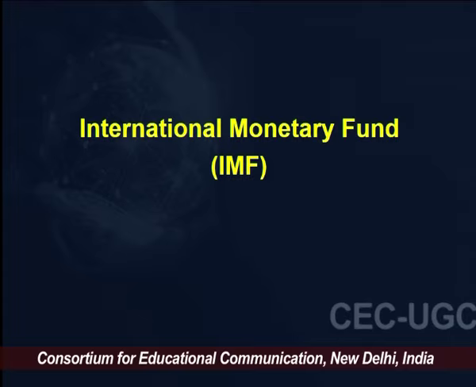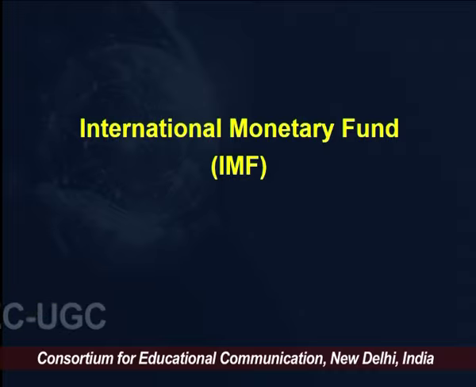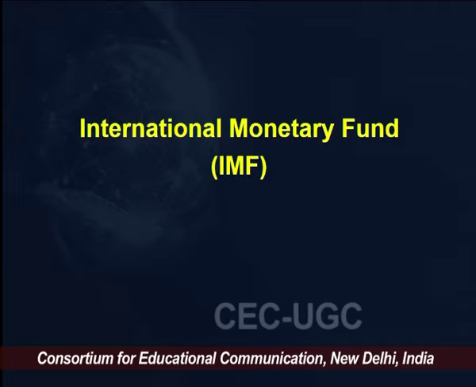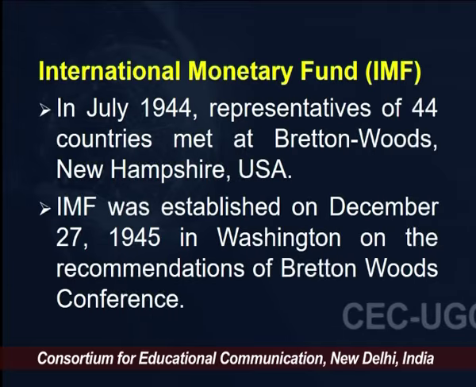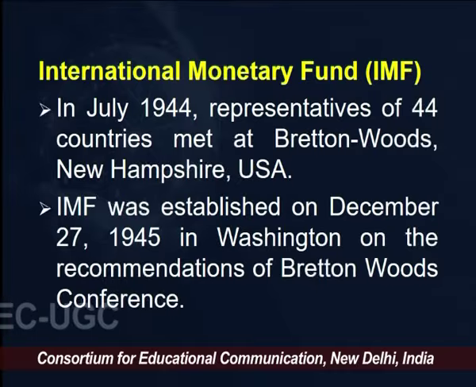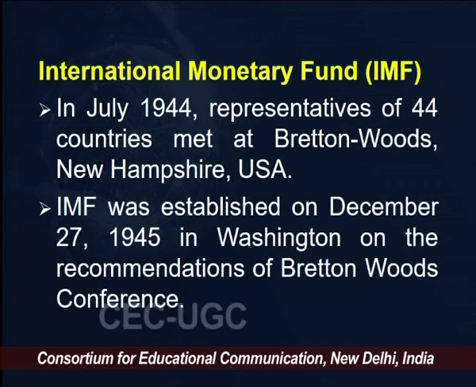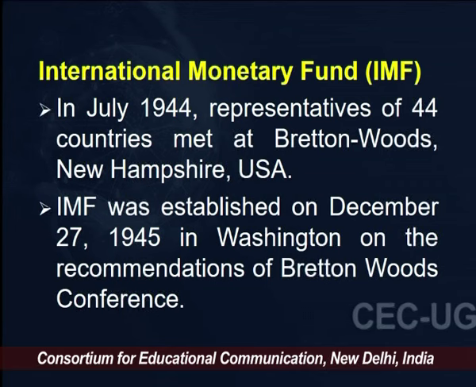Now, coming to the last international economic organization, and that is International Monetary Fund, or popularly known as IMF. In July 1944, as we have discussed, representatives of 44 countries met at Bretton Woods, New Hampshire, USA.